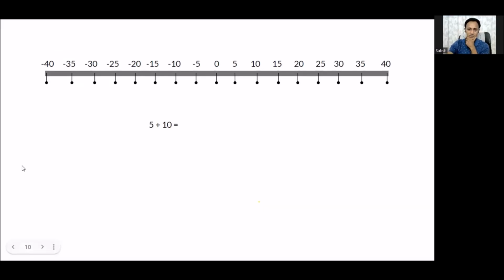So you all know this, right? This is 5, this is 10, that makes 15. But the method is important. How do you actually calculate this? You have 5 things in one hand and 10 things in another.